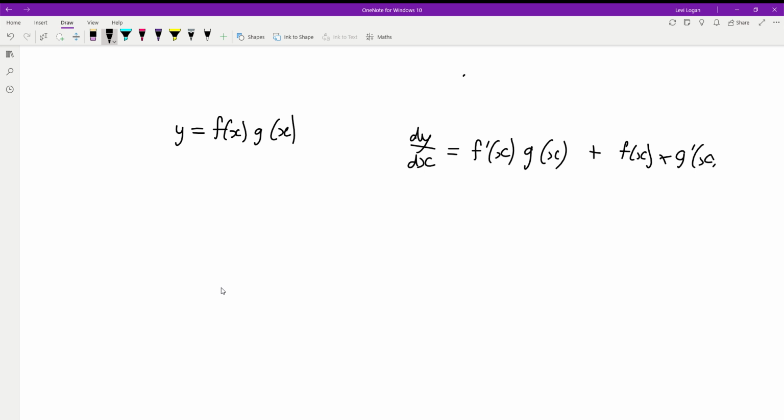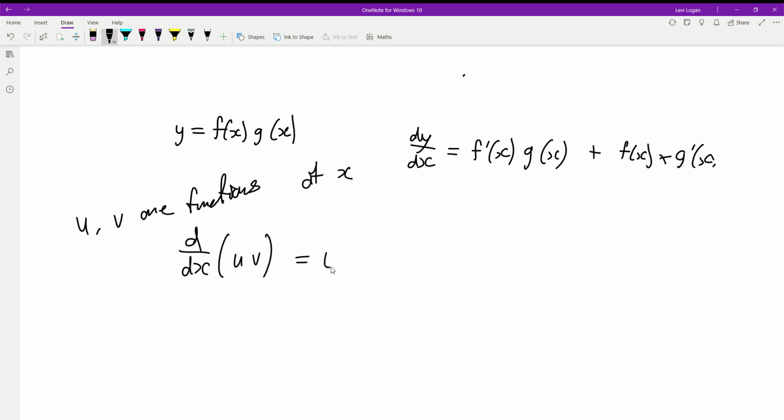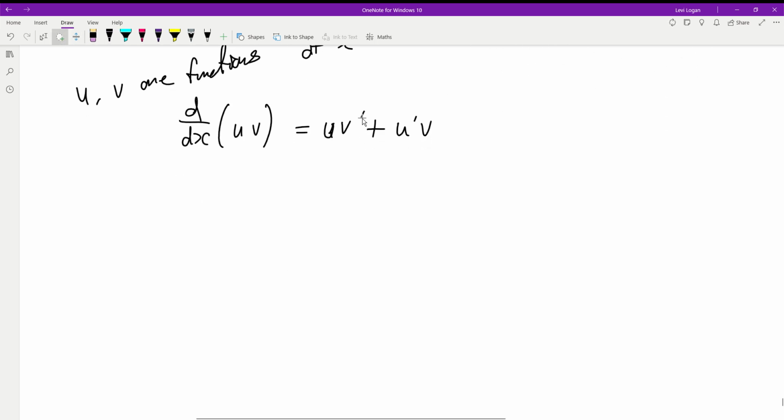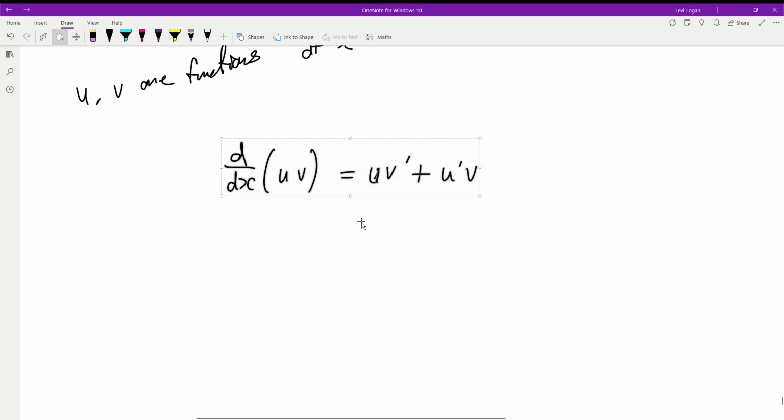So in other words, we have the derivative of a function u times v. So u and v are functions of x. We get u times v dash plus u dash times v. Righto, so well, let's change this now. Let's integrate everything. So if I integrate everything, I chuck integrals everywhere.